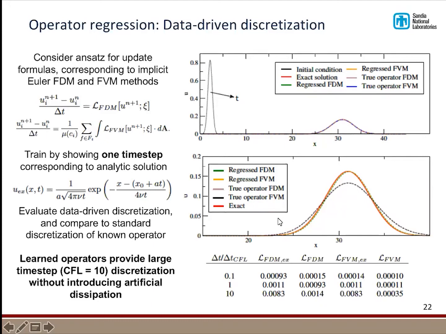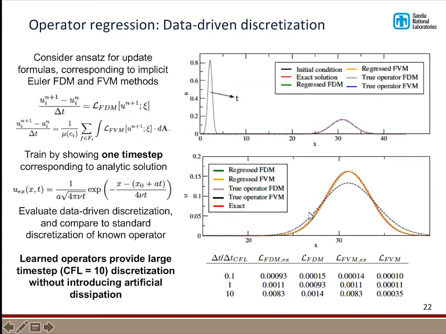And what you can see is that if you were to just take a standard finite difference method or finite volume method and discretize the advection diffusion equation, because these are implicit Euler schemes, it's well known that that's going to be overly dissipative.